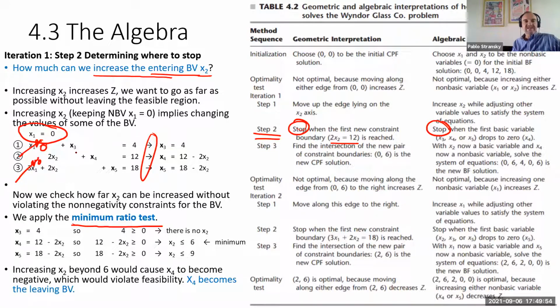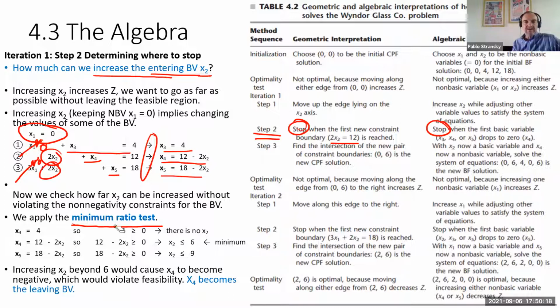Here, if this is 0, x3 is equal to 4. x4, if this is adding, it will pass subtracting. x4 equals 12 minus 2x2. And x5 is going to be equal to 18 minus 2x2.